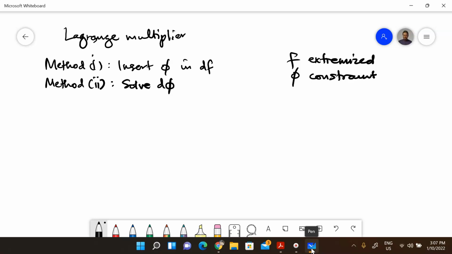In the second method, one actually solves the constraint to eliminate one of the variables, y.